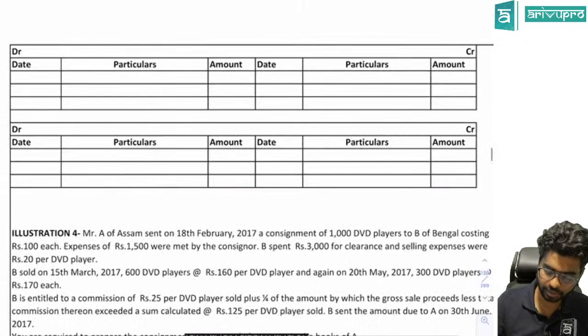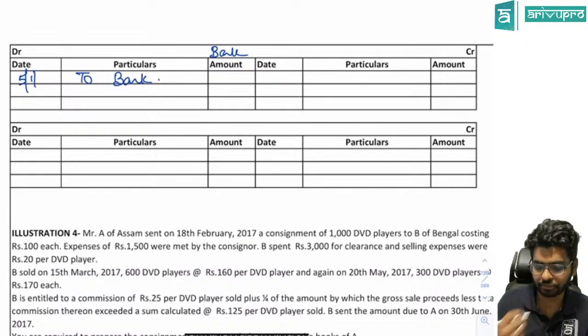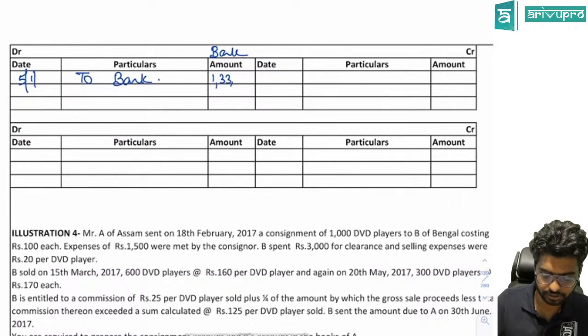So next year you'll be paying in the bank account on 5th. You'll be receiving the money 1,33,000.